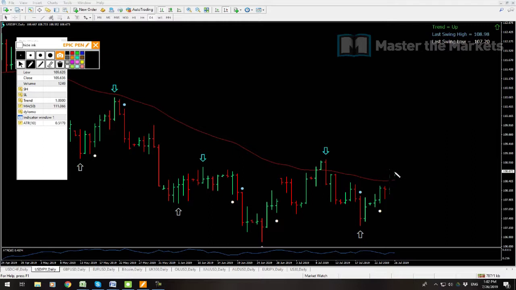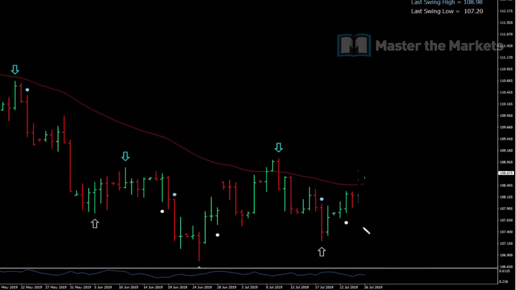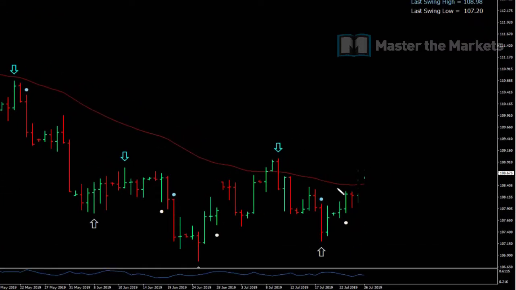Now imagine that we are in this trade. We took a long, entered on the close when the confirmation bar came in, and our stop was a bit further away. It was just around here.